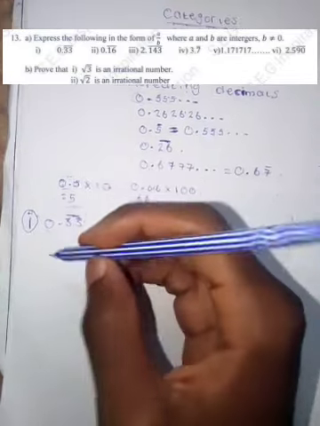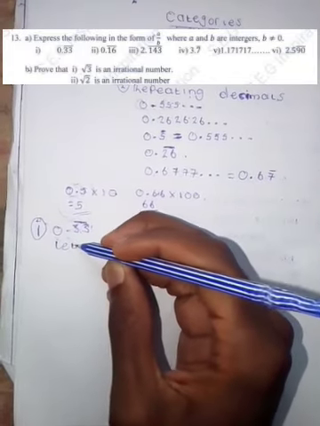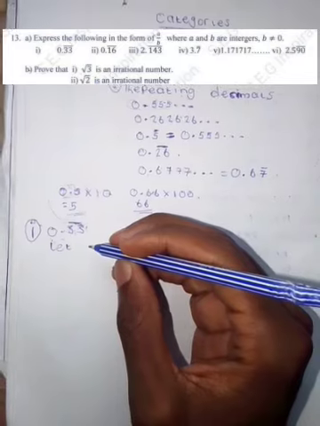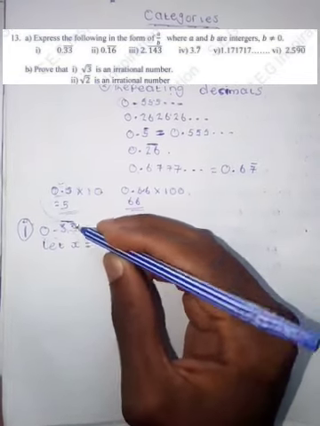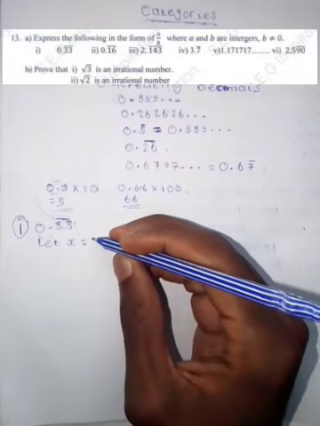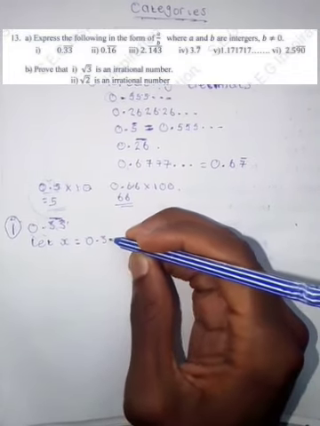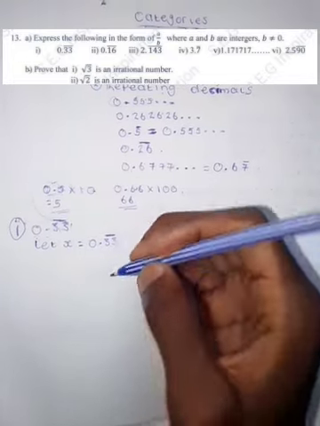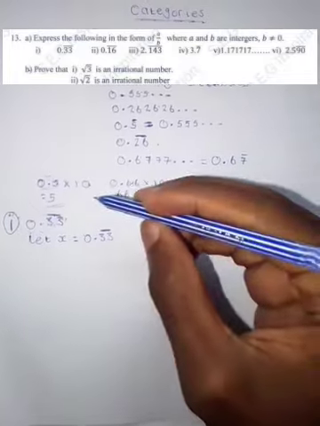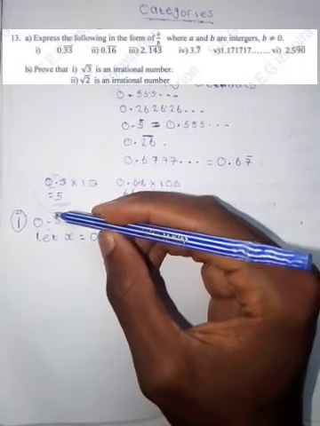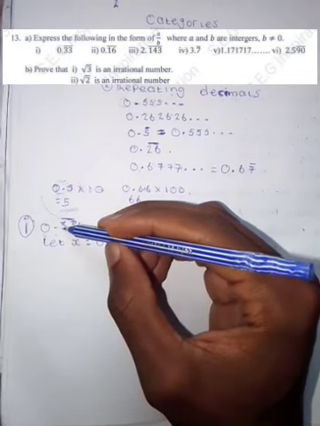So first you have to say, you can use any value, but I'm going to use x: let x be equal to the number we've been given, 0.33. Remember, first you multiply with a number that takes this to a whole number without any decimals.